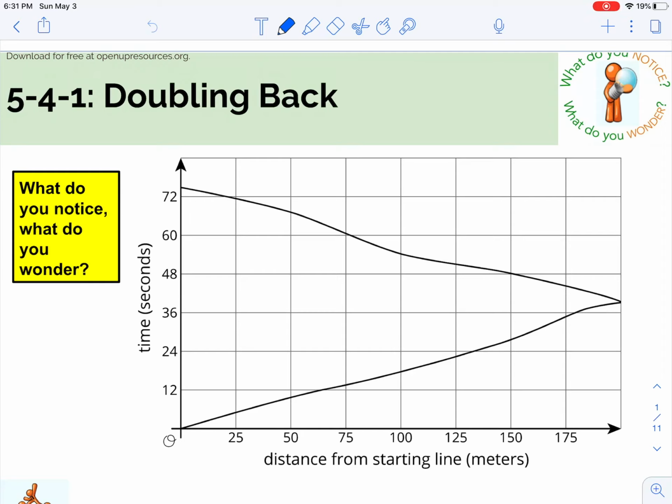So I would say the first thing I notice is that the lines go in different directions. Also, the lines are not straight.